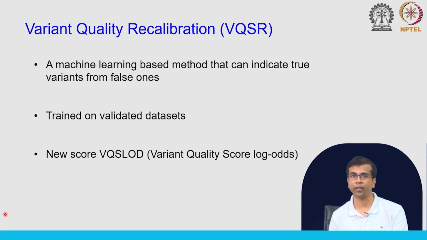It is the variant quality score log odds, and it can generate this variant list or identify variants with very high sensitivity and specificity. Once we have this training done on validated data sets, we can then apply it to the target genome or target data set to identify these variants, which will give us this VQSLOD score.